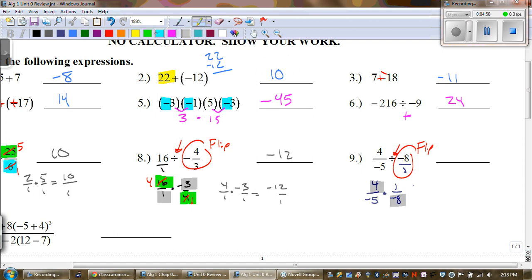Can any of the kitty corners reduce? Yep, the 4 and the 8 turn to 1 and a 2. So when we rewrite that, we got 1 over negative 5 times 1 over negative 2. Multiply that straight across, and you get 1 over 10. And is it positive or negative? When you multiply two negatives, it is positive.